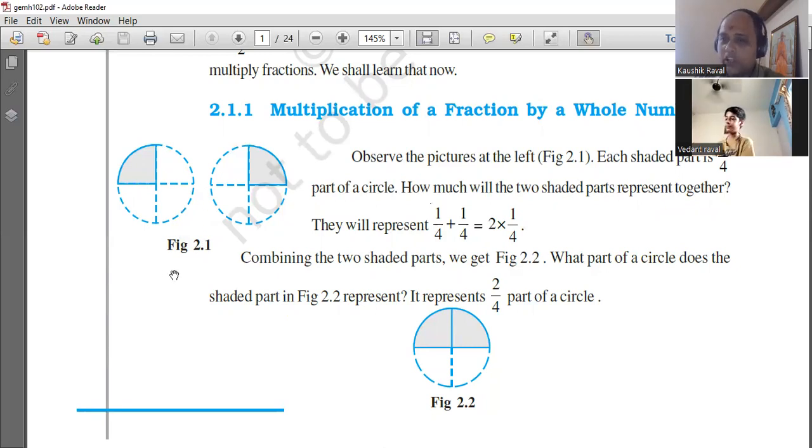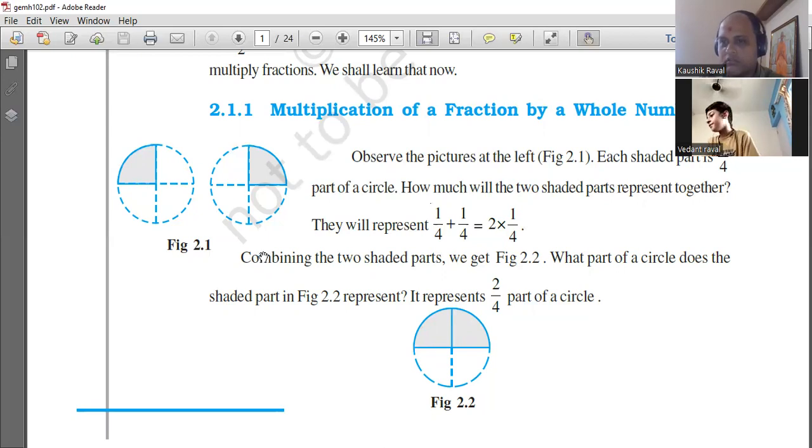So the denominator stays the same and you add 1 plus 1. What is the shaded part now if I mix these two?